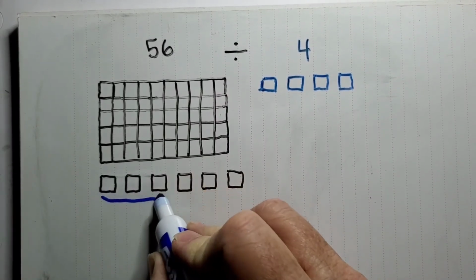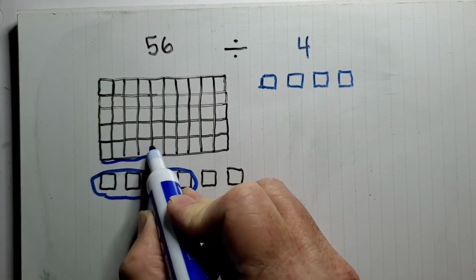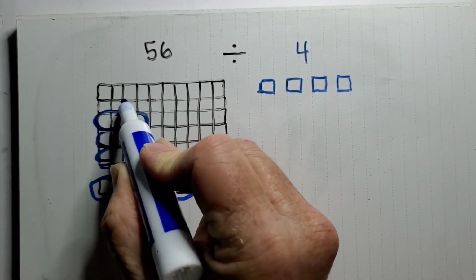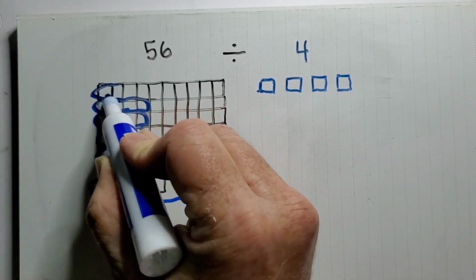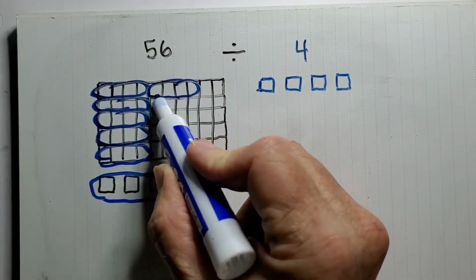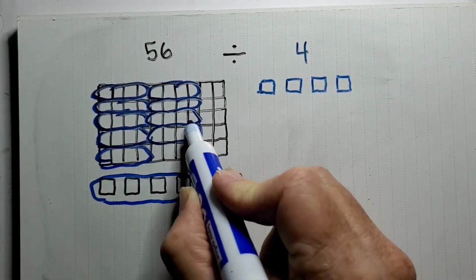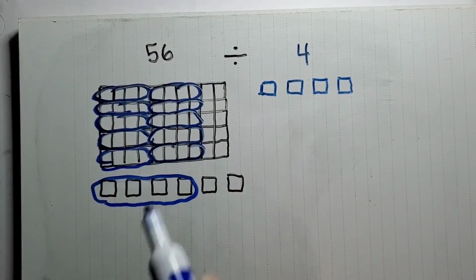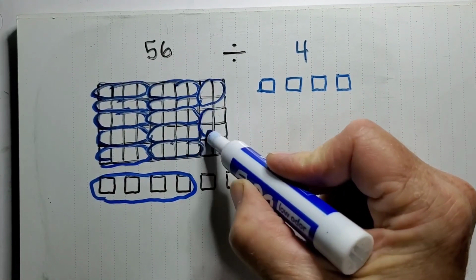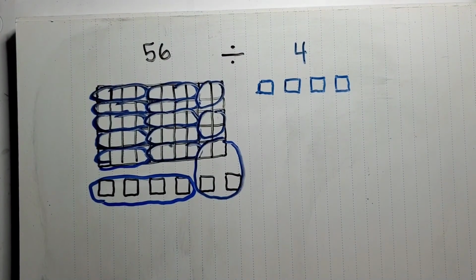Well, here's one group of 4 right there. And here's 2, 3, 4, 5, 6 groups of 4, 7, 8, 9, 10, that's 11 groups of 4, 12, 13, and 14 groups of 4.